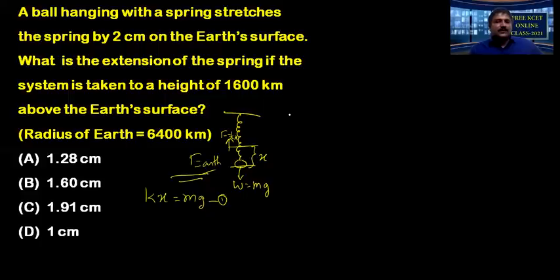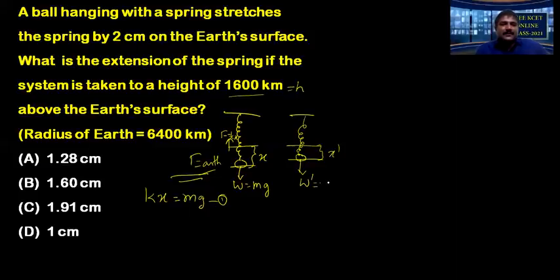Now, if the ball-spring setup is taken to a height 1600 kilometer, this is the h value, where the g value is something different. So this is the ball at a certain height. Now the extension produced is say x dash. The weight at that height is W dash.